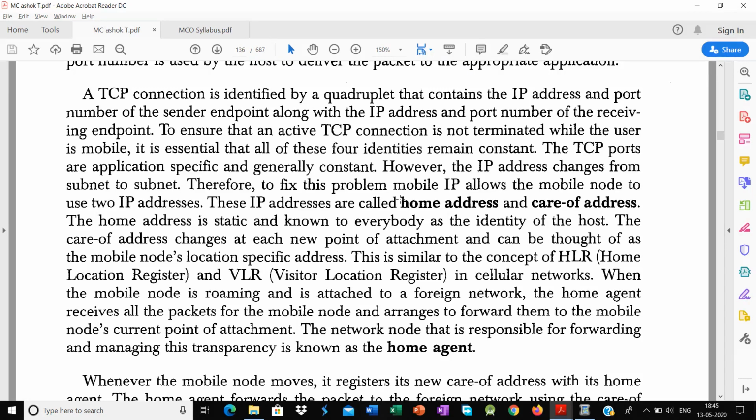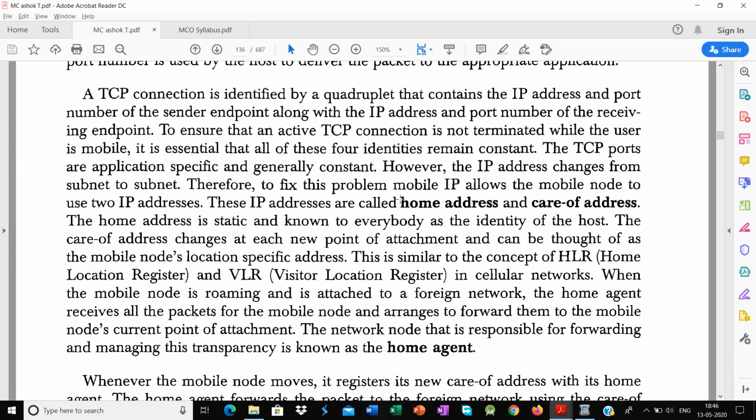A number of mobile nodes are connected to a single network. So how to identify them? You identify them based on your home address. The concepts here are the home location register and the visitor location register. These two database systems are implemented in your cellular network, and they are responsible for storing the dynamic and static addresses of your mobile system.